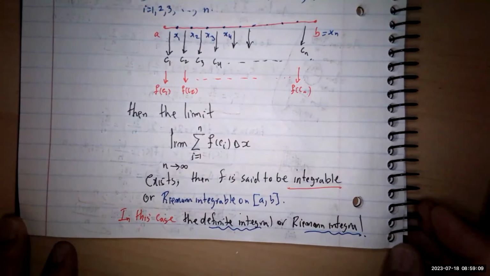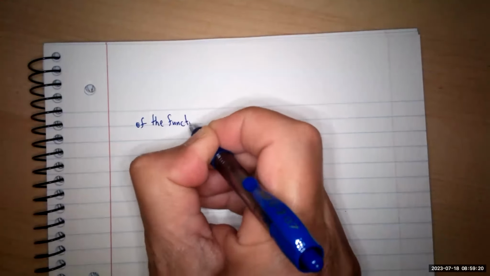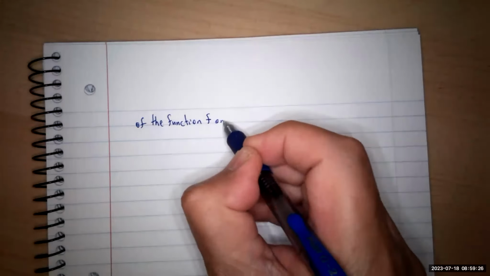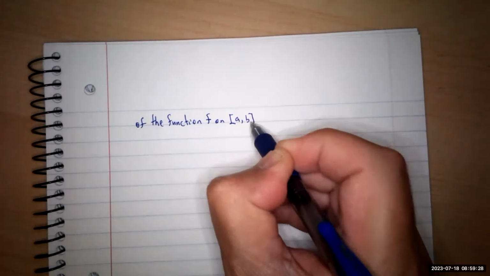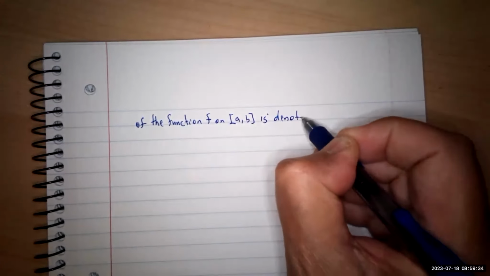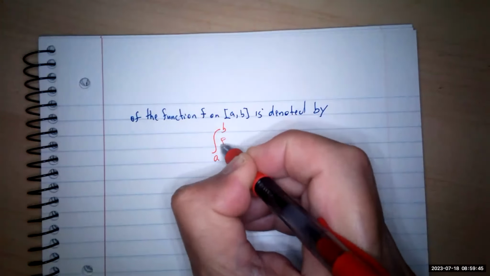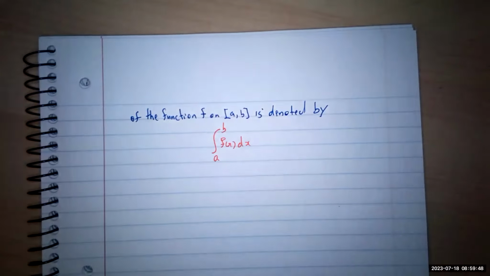So the definite integral, or the Riemann integral, of the function f on the interval [a, b] is going to be denoted by, look at the notation, it's the same integral sign as before: the integral from a to b of f of x dx.